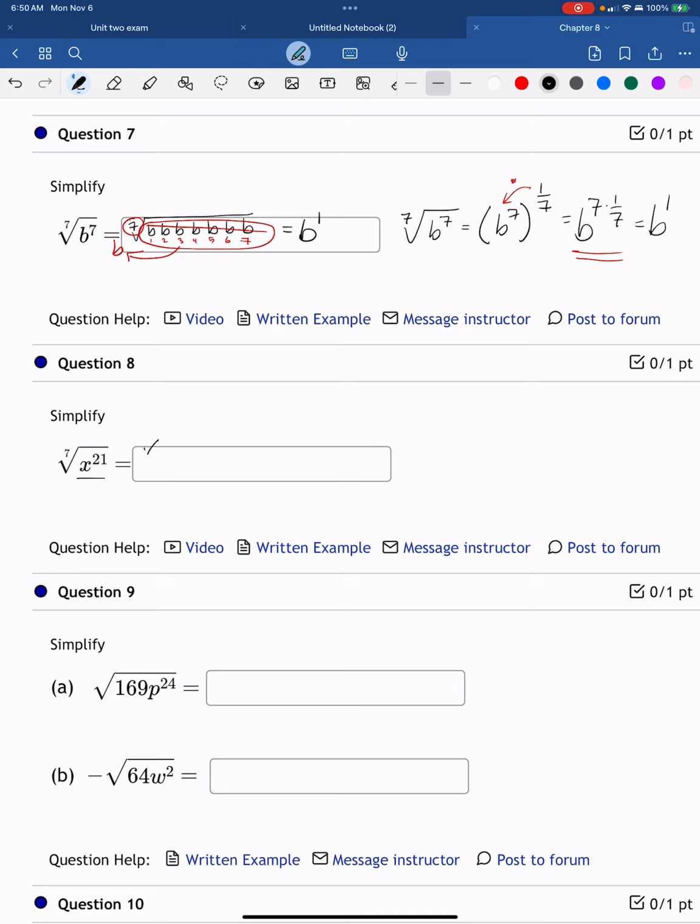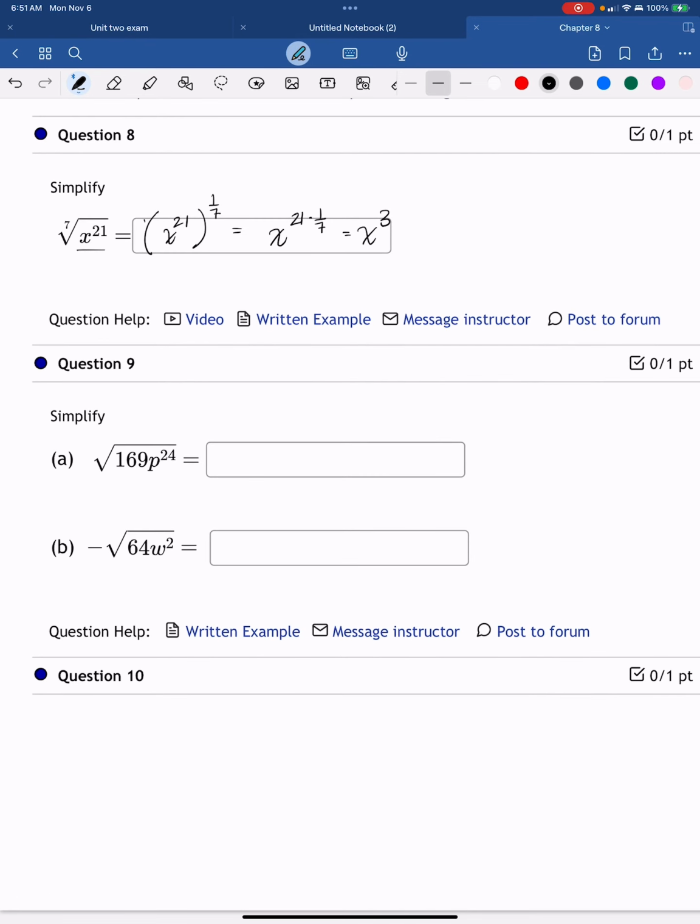So I'm going to rewrite this as X to the 21 to the 1/7 power, and that becomes X to the 21 times 1/7, which equals X to the 3rd. And so knowing how to do both methods is kind of helpful.